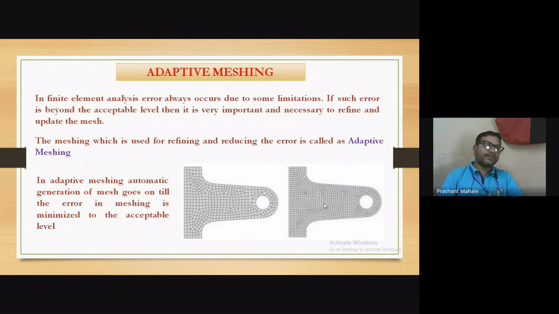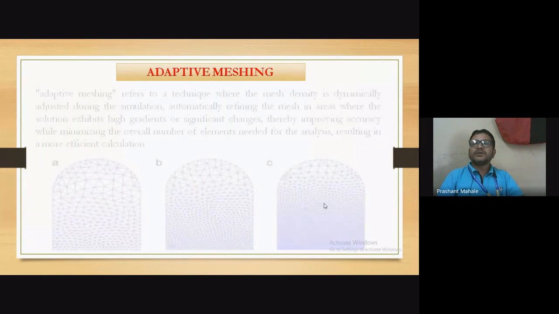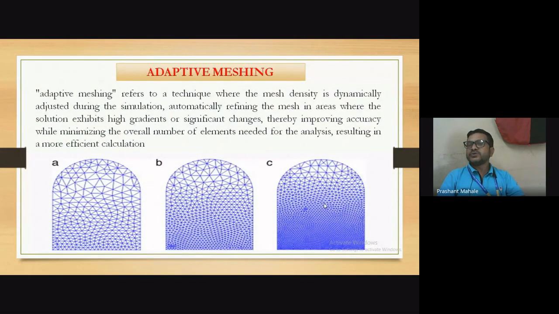So this is the process where we go on increasing the number of elements or degree of polynomial to get more and more accurate results. This process can be achieved automatically, as I said in the previous slide also, in the software with the help of adaptive meshing. Right? So adaptive meshing refers to a technique where the mesh density is dynamically adjusted during the simulation.